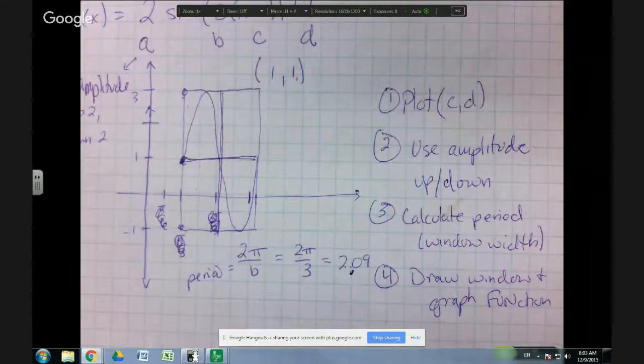Do you want me to do one more? Just for good measure, I'll do a cosine. Just make one up.